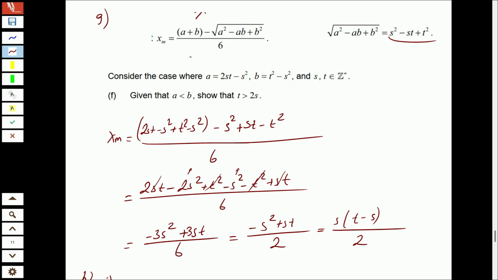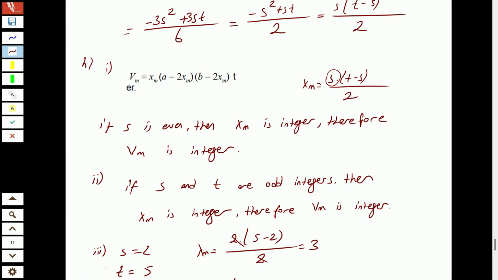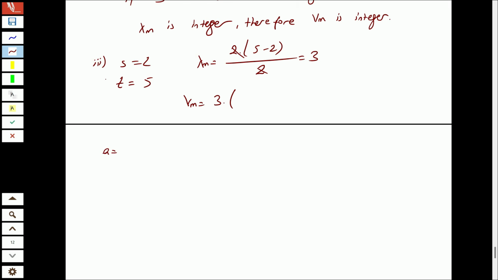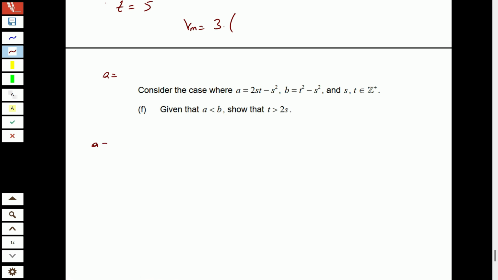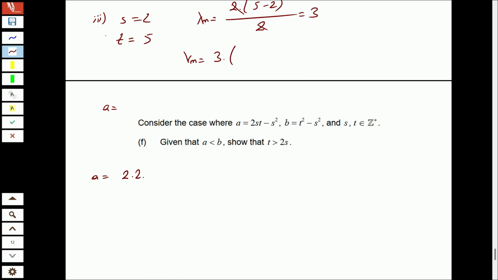And v sub m will be 3 times a. What is a? Let's find a and b. a will be 2 times 2 times 5 minus 2 square, and b will be 5 square minus 2 square. a is 20 minus 4, which is 16. 25 minus 4 is 21.